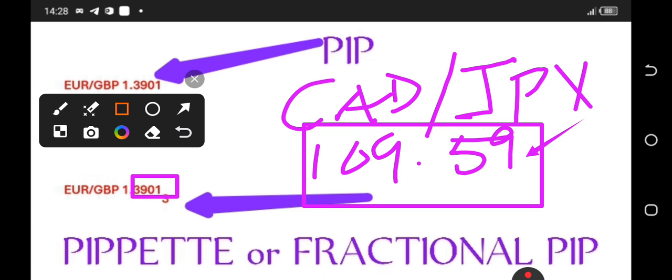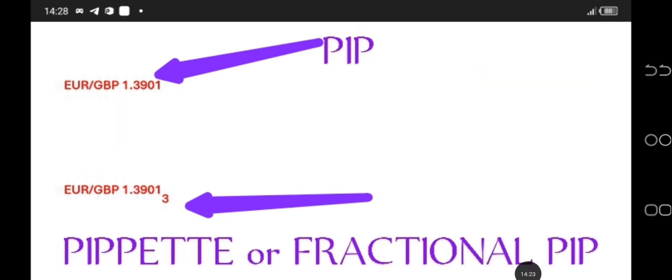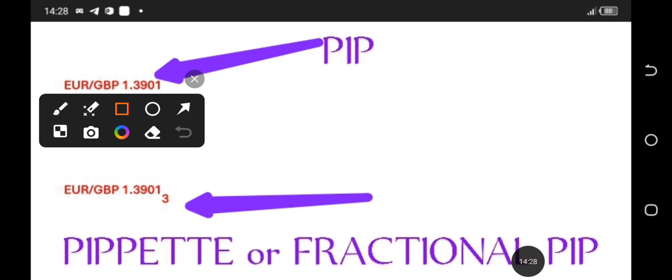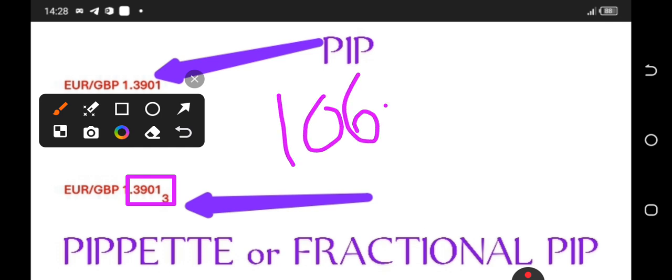Now, how do you know the pipet for Japanese yen pairs? We also always have a third digit. Ideally, just like every other currency pair that has 4 digits after the decimal point, the fifth digit, if there is a fifth digit, is called the pipet. So for the Japanese yen pair, you have 106.95. The 5 here is the pip.